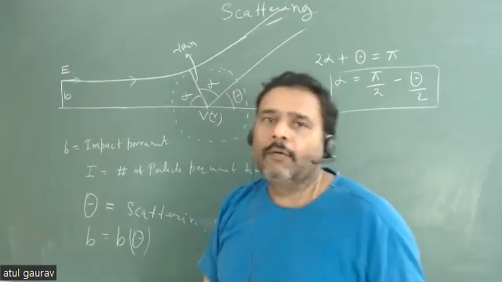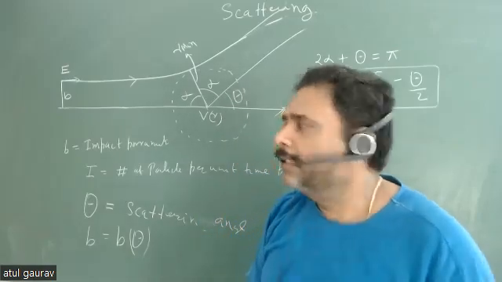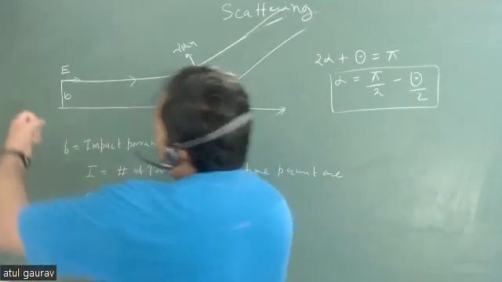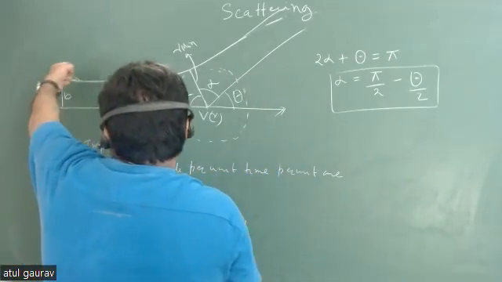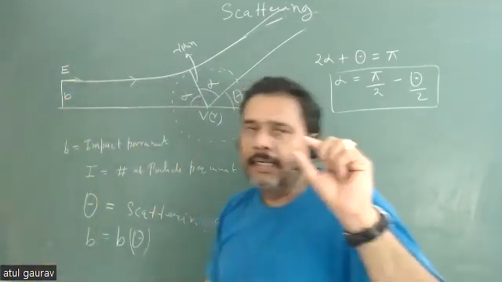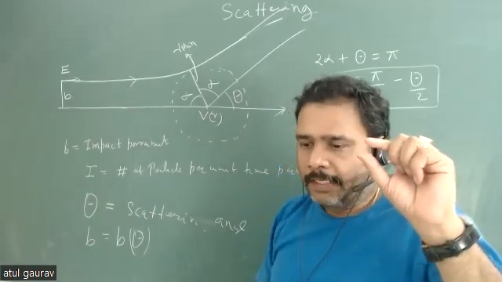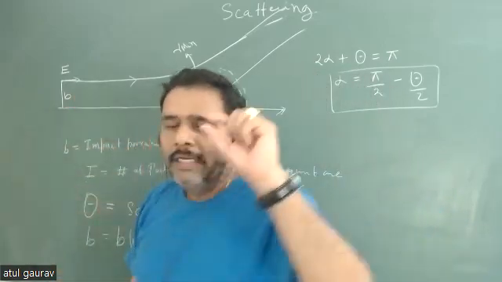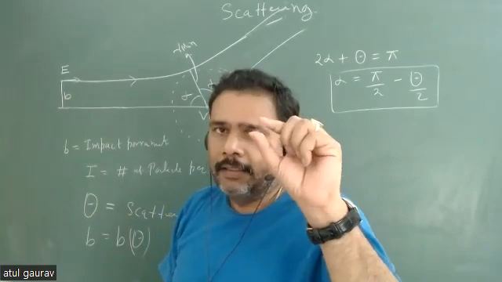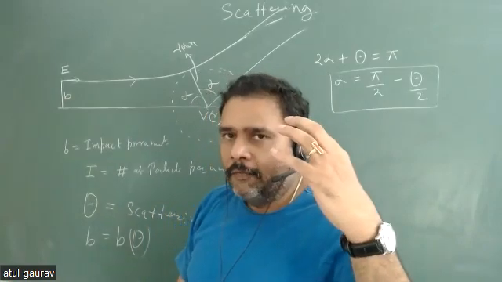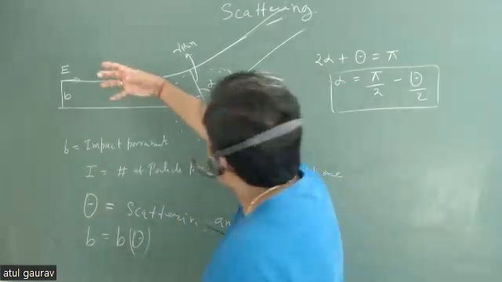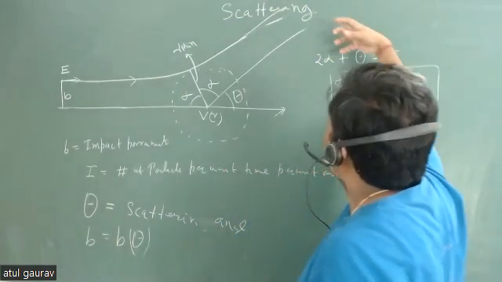And now look at what we are going to do. We will throw n number of particles from here with some infinitesimal area. And we will try to collect all the particles with different detectors.